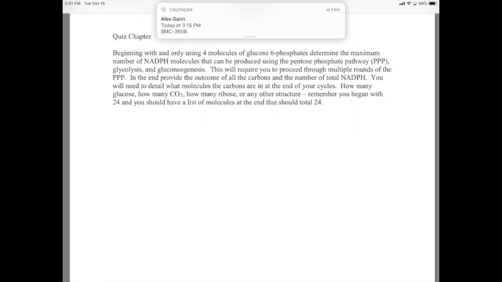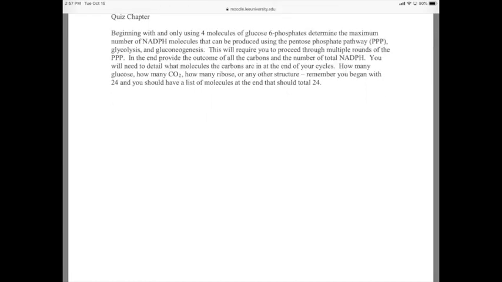Here I have how many? How many carbons? 4 carbons. Here I have how many carbons? 6-phosphate. Okay. And I have this, plus I have 1 ribose 5-phosphate, plus I have 4 CO2s. Now I'm using it.